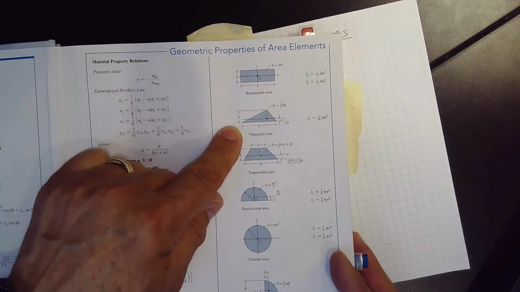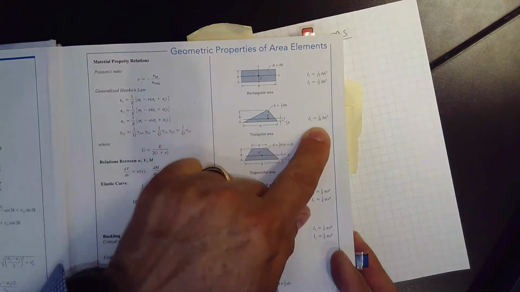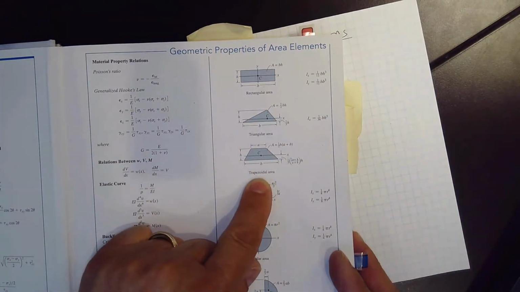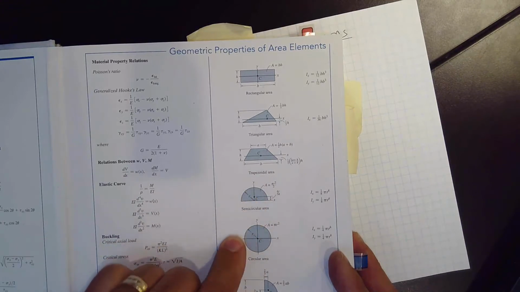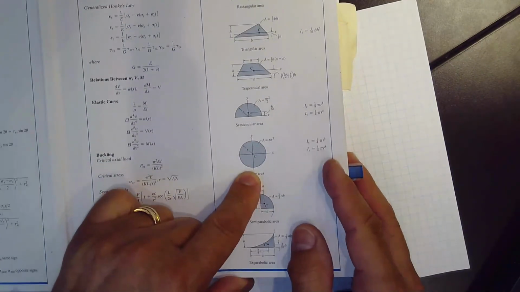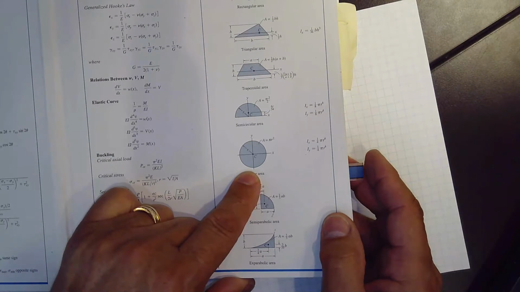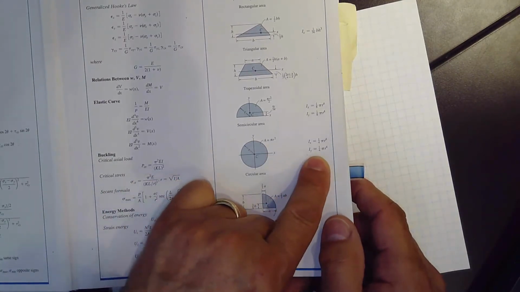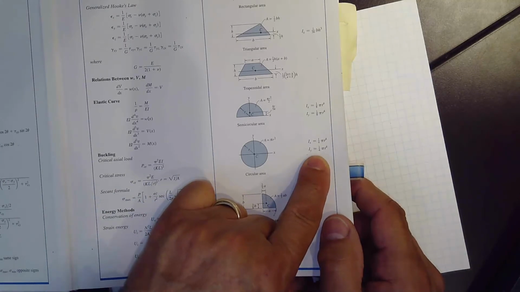Here's a triangle. It's 1/36 BH cubed. Here's a trapezoidal element. Here's a circle. Here's the area, pi r squared, and here's the moment of inertia, 1/4 pi r to the 4th.